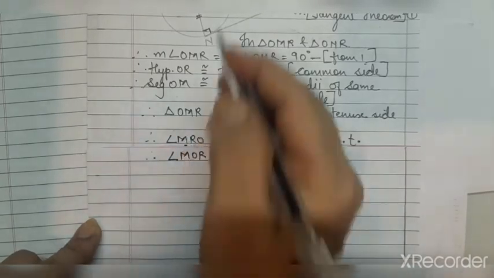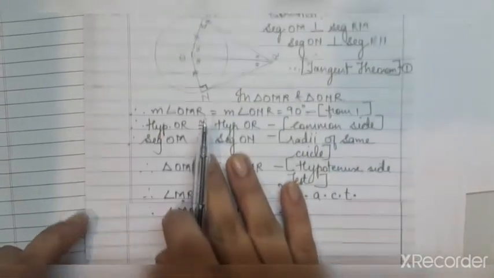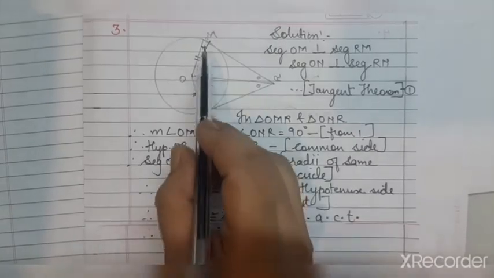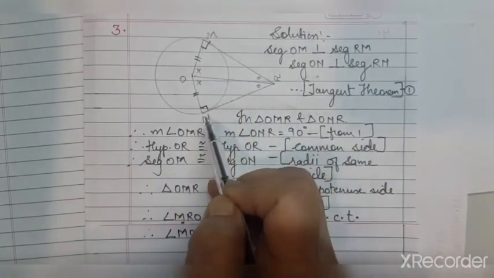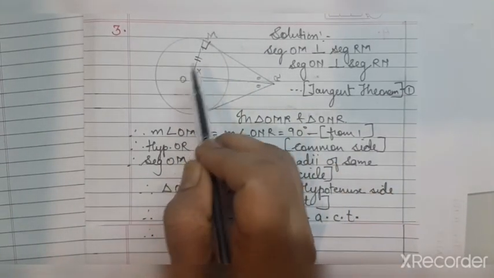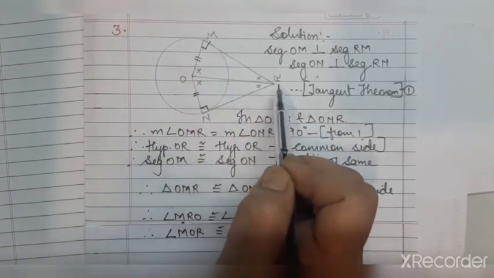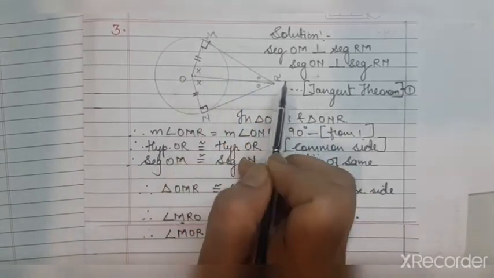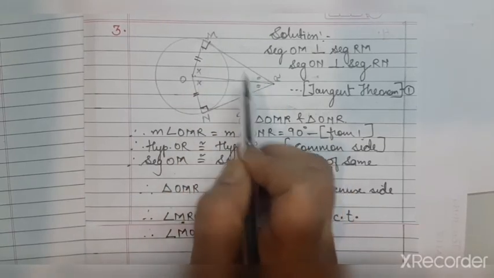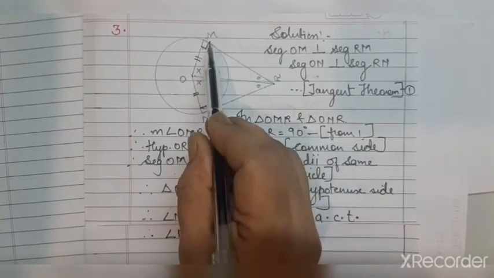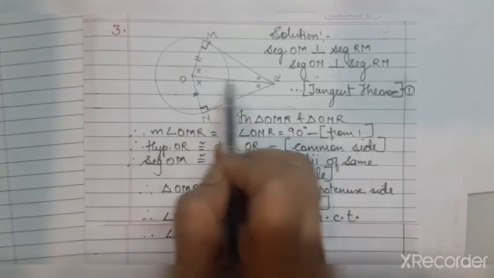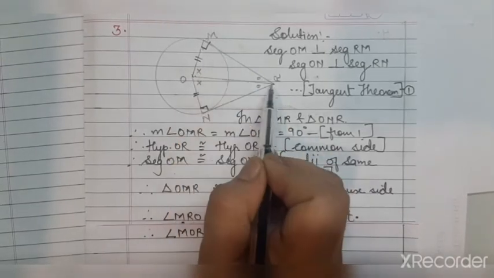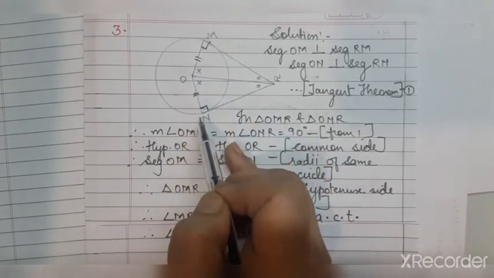Now, if angle MRO is congruent to NRO, and angle MOR is congruent to NOR, that means OR is the bisector of both the angles, that is MRN and MON. OR bisects this particular angle and this particular angle.